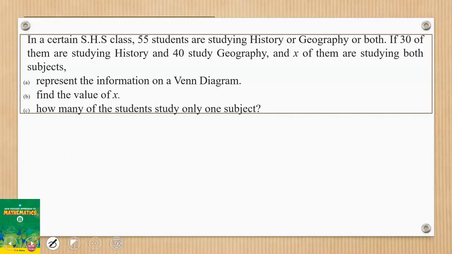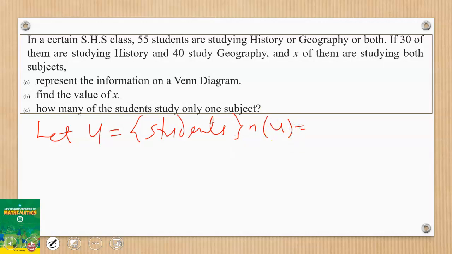Okay, so in doing this, what we have to do is to let U be the students. That gives us the number of U to be equal to 55. So you define all the parameters.